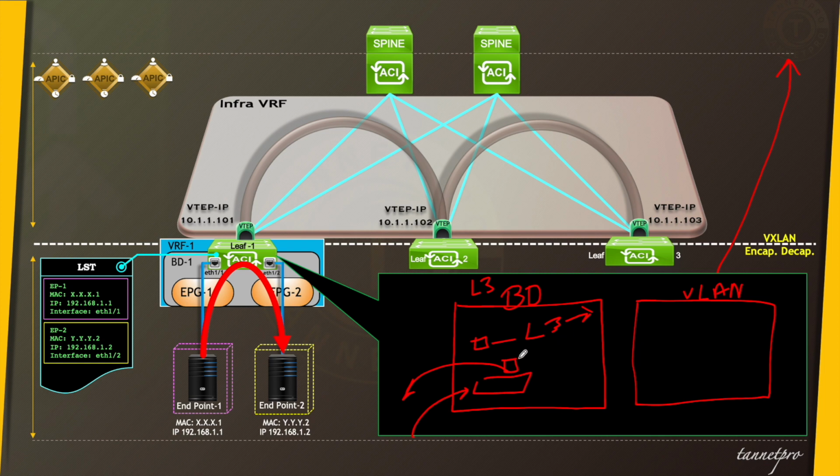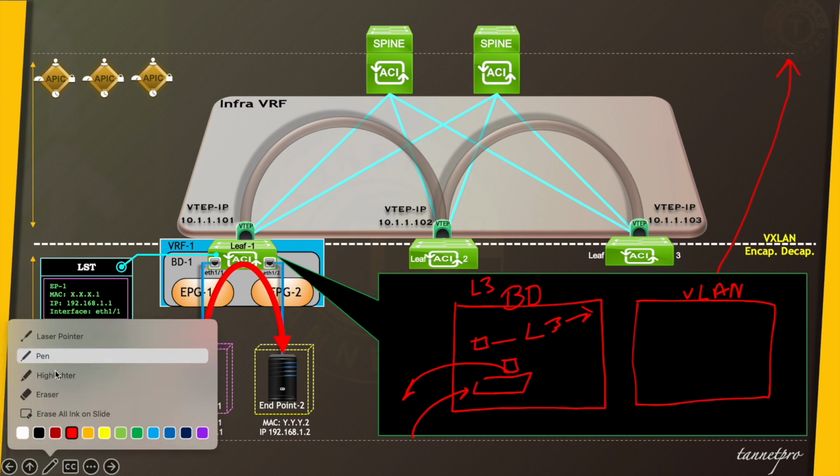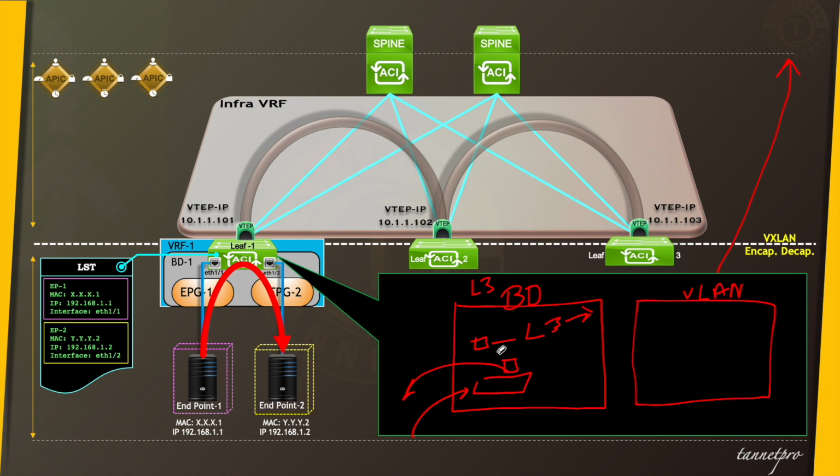That's why you have to enable L3 in your bridge domain. This is how you can understand it. I don't know whether it makes sense to you, but I always prefer to compare with a legacy network so that you can understand. It's as if you are enabling the L3 VLAN, and then it understands your L3 packets, because L3 communication is happening. Hope it is clear.